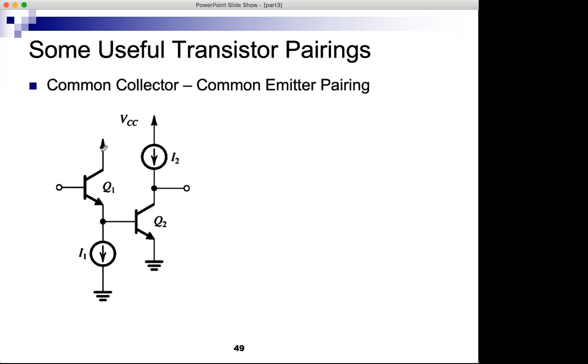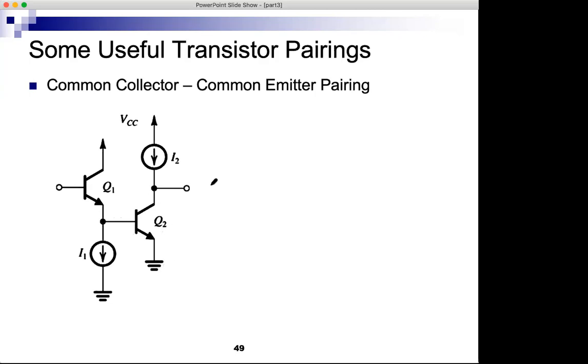And the collector is connected to the supply and therefore a signal ground. So in fact, this is a common collector. And then this is the intermediate output. This becomes the input of the next stage, and this is going to the base of Q2. And this is the second stage, and the output is taken from the collector and the emitter is grounded.